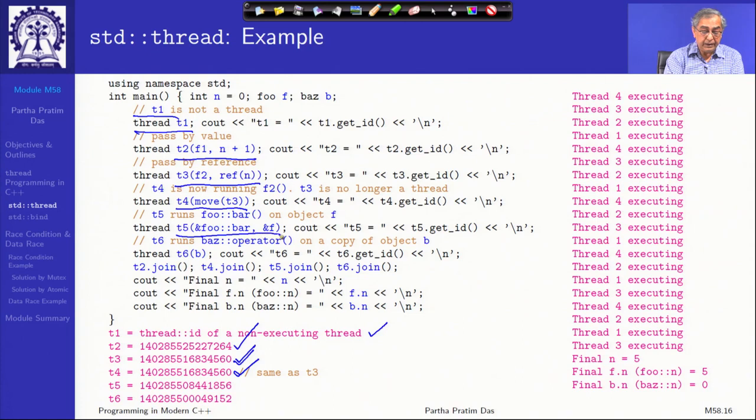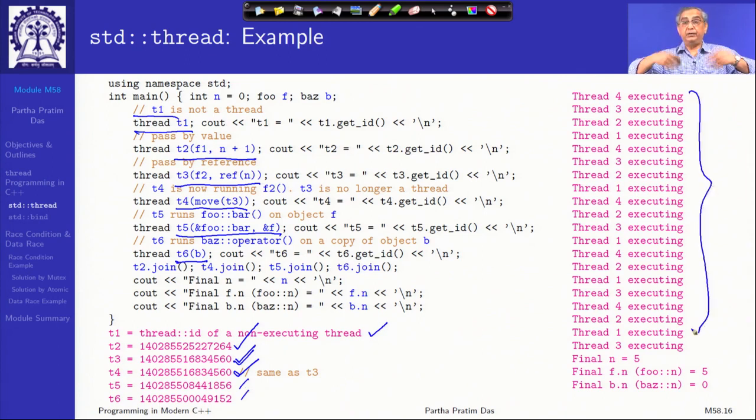Then I have T5, which is from the member function. I have T6, which is based on a functor object. So, all these will come and then they are executing, and as they execute they keep on printing. Now, the difference is that as they execute, the order is not fixed.